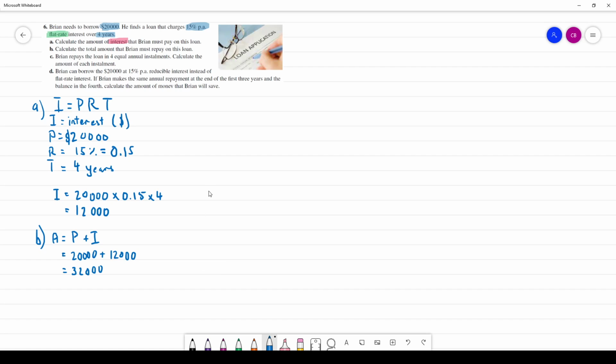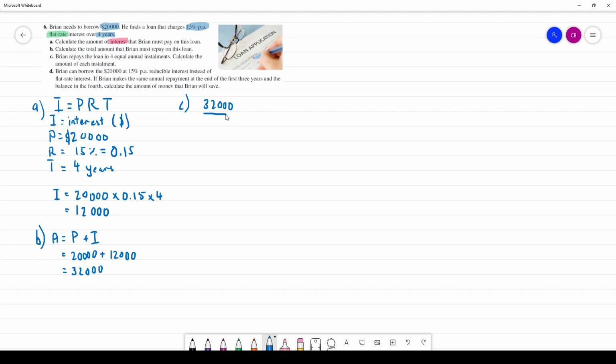Now for question C. Brian repays the loan in 4 equal annual installments. Calculate the amount of each installment. Okay, well, we know he has to pay back $32,000. And there's 4 equal annual installments. And we just have to work out how much each of those are.